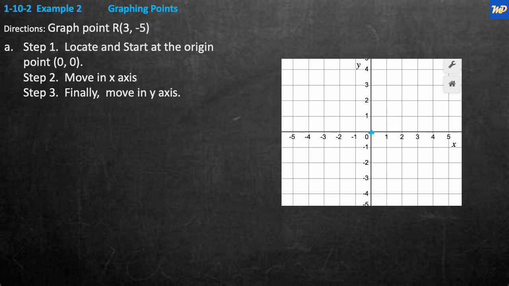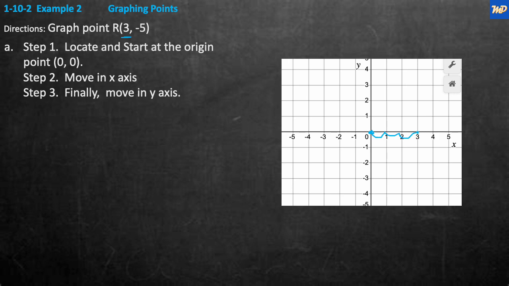It says move in the x direction. How far are we moving in x? It says to move 3 in x. So we're going to go over here, positive 3. From this line, we're going to go 1, 2, 3. So now we know we're over positive 3. Then it says negative 5 for y.